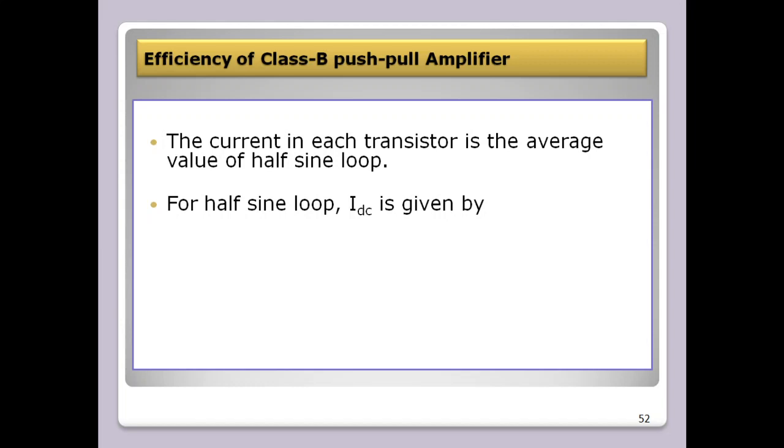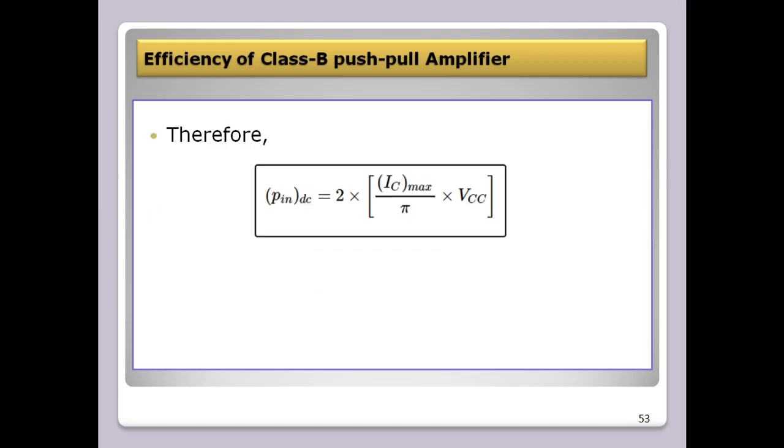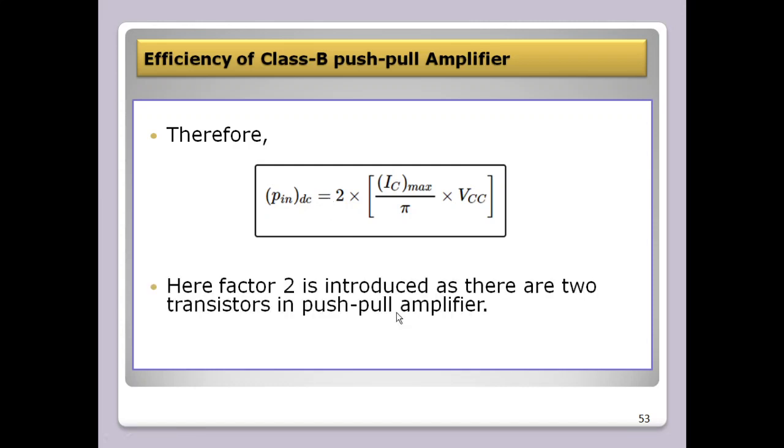For half sine loop, the IDC is given by IC maximum by pi, and therefore the input DC power is given by 2 into IC maximum by pi into VCC, because the power is IDC into VCC. Here IDC is IC maximum by pi because of the half cycle, and it is multiplied by 2 because there are two transistors in the push-pull arrangement.